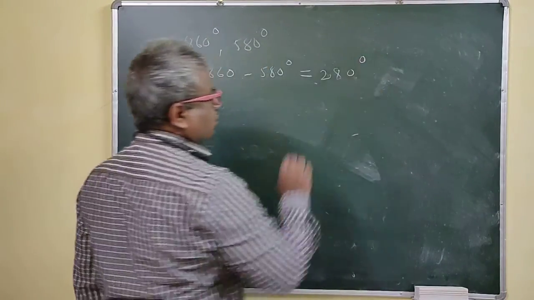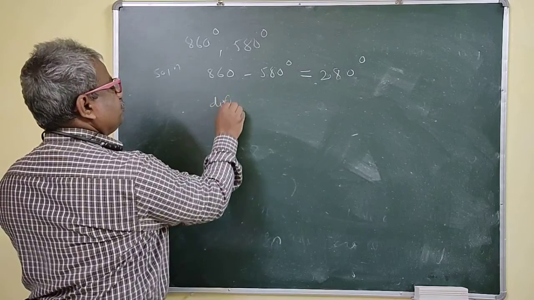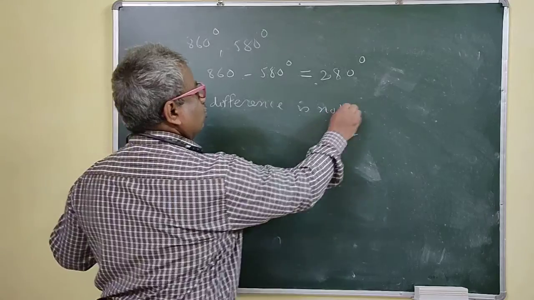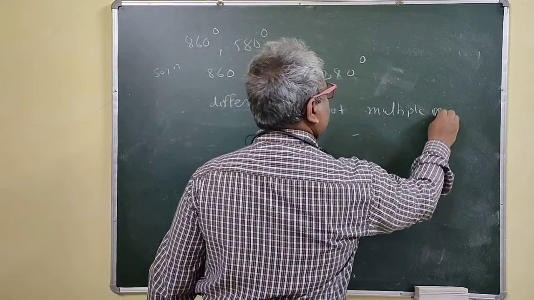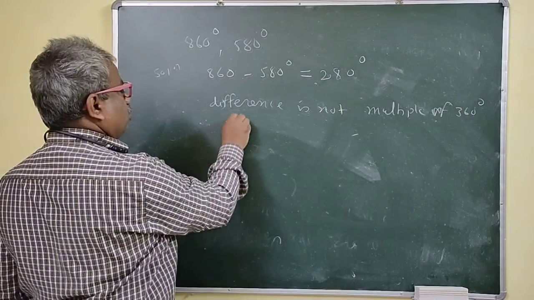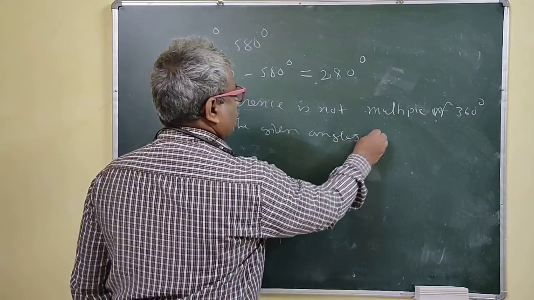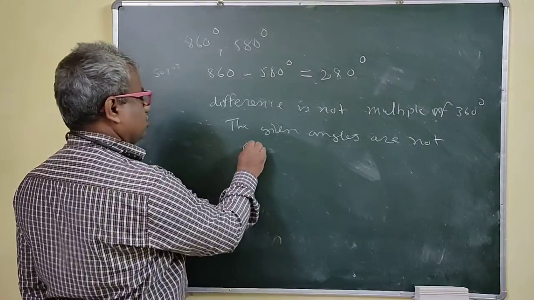And this is not a multiple of 360 degree. Difference is not a multiple of 360 degree. Therefore, the given angles are not coterminal angles.